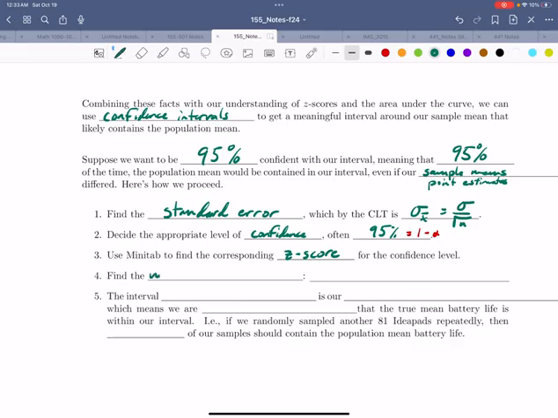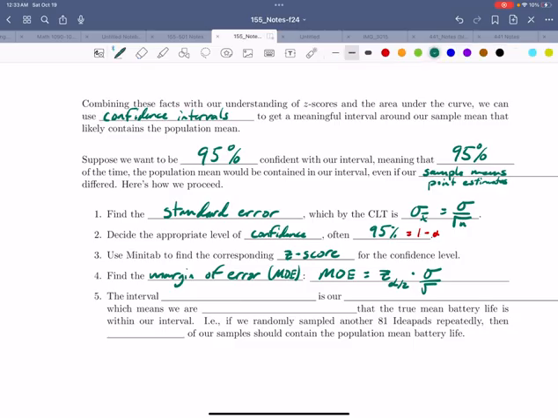Then we're going to find the margin of error, which we're going to abbreviate with MOE. MOE is going to equal our special z-score, which the book and I denote as z sub alpha over 2. You can check the book to see why that's the notation, times our standard error, which we know is sigma over root n.